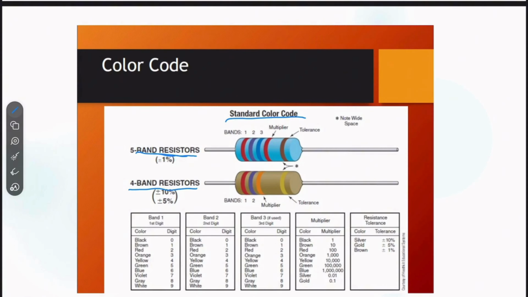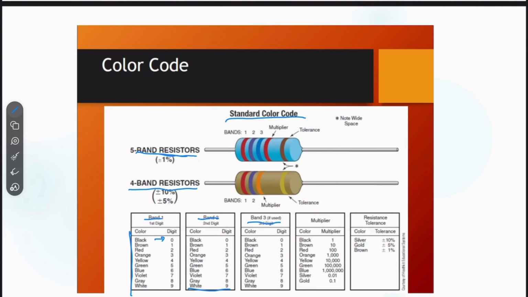We also have 4-band resistors. It depends on how many bands we have. Band 1 has a different color, and the color has a numeric value from 0 to 9. Band 2, same thing: black, brown, red, orange, yellow, green, blue, violet, gray, and white. Depends on if it's 5 bands or 4 bands.